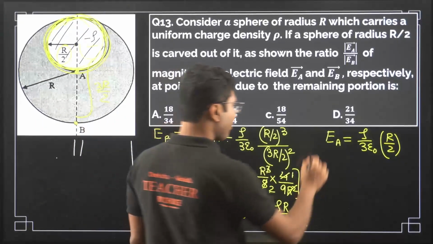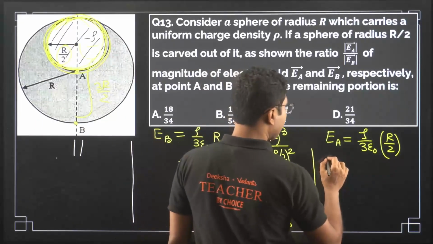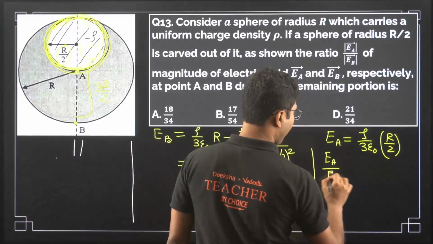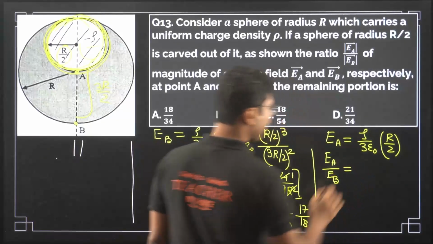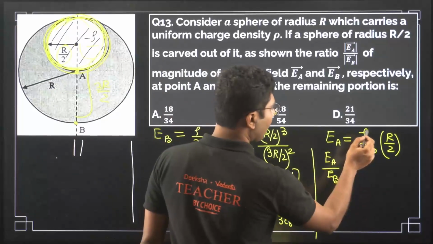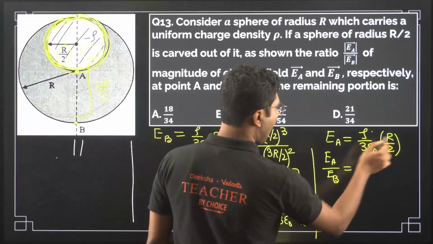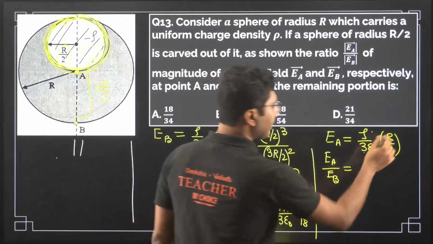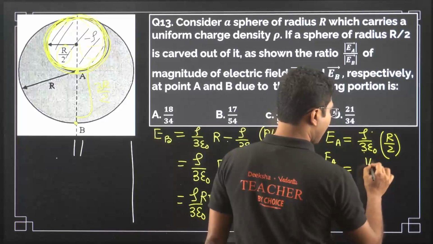Now what we have to do, we have to find the ratio of EA and EB, right? That is our target. So EA by EB, obviously you can see that rho by 3 epsilon naught r will cancel. Okay, so what will be in the top? In the top will be half.